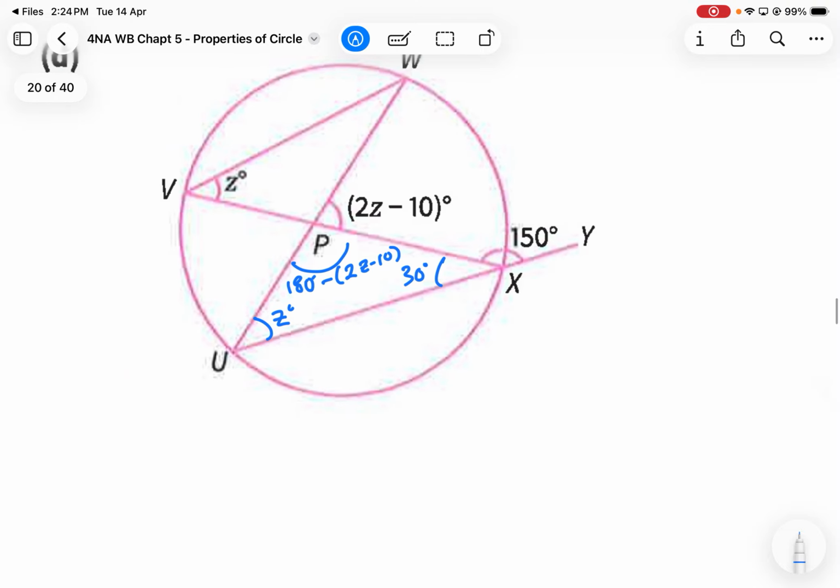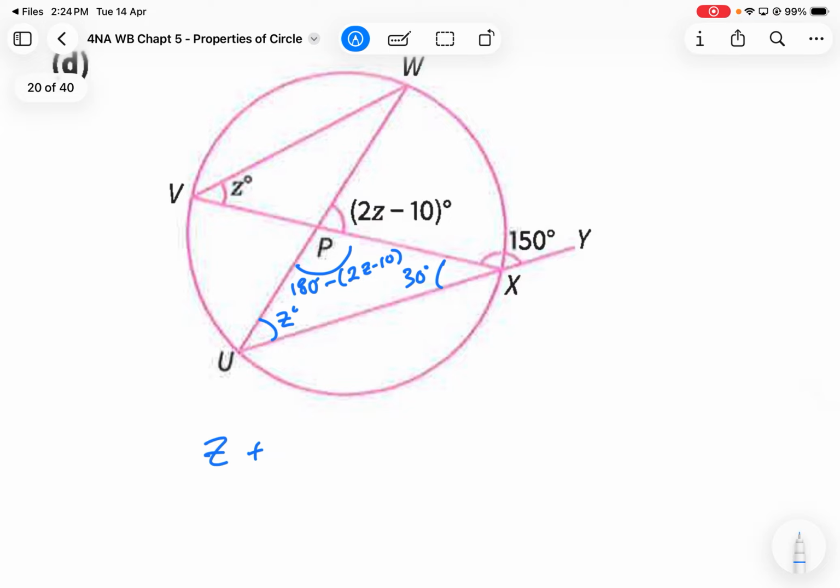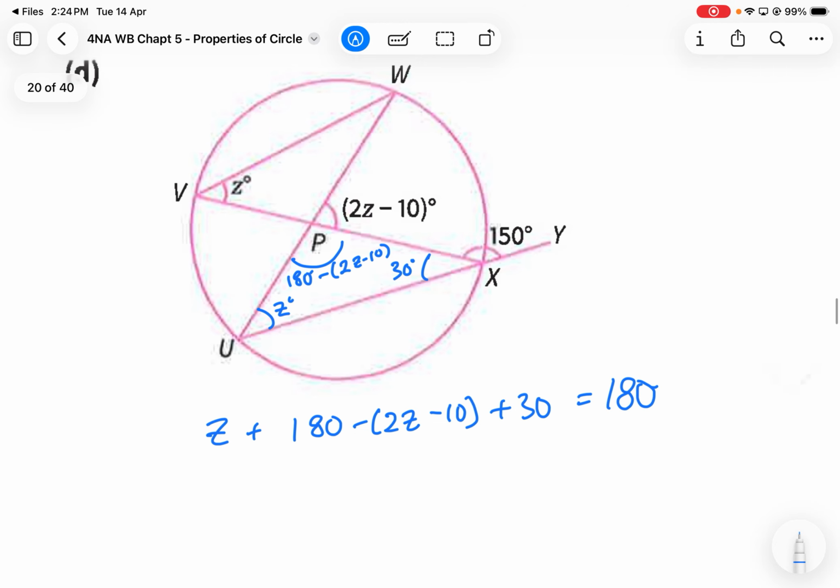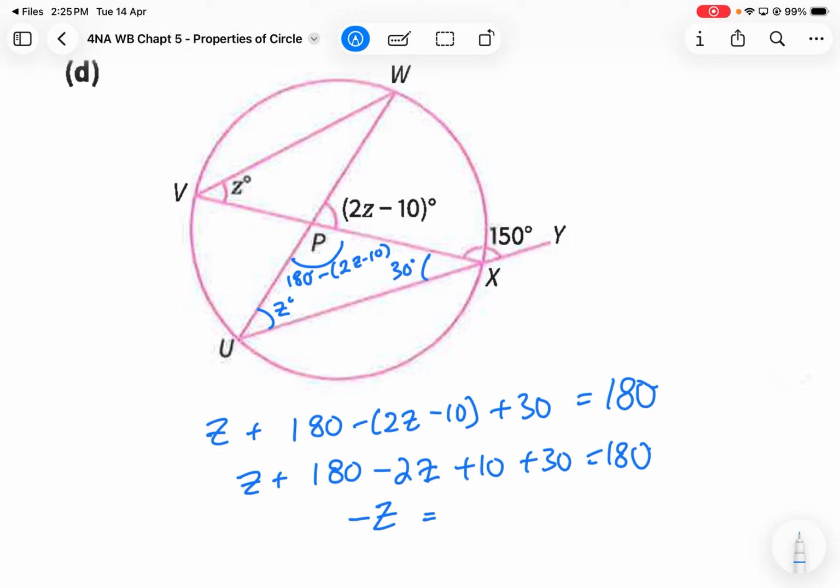Then the only unknown is Z. So I can write Z plus 180 minus 2Z minus 10 plus 30 equals to 180. Z equals to 40 degrees.